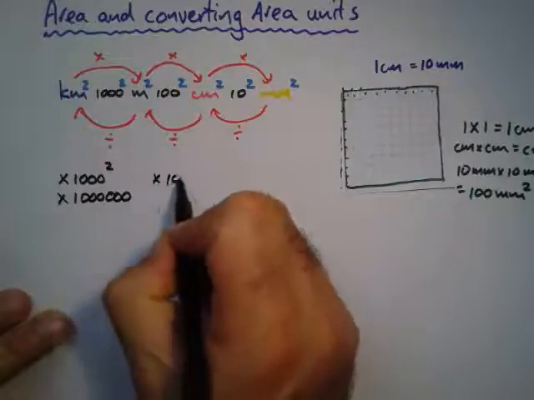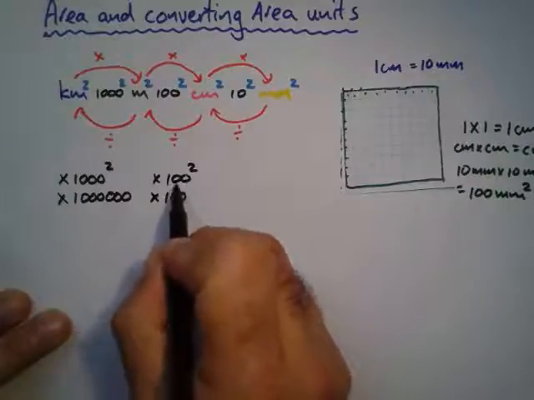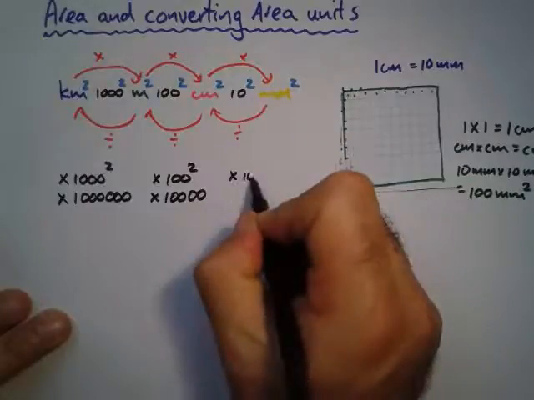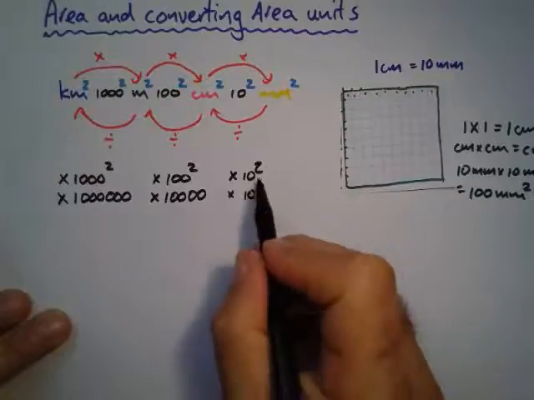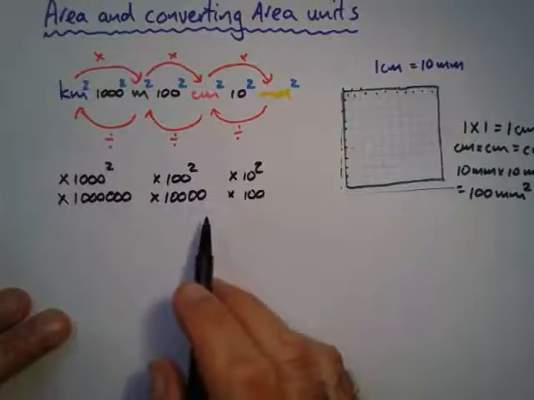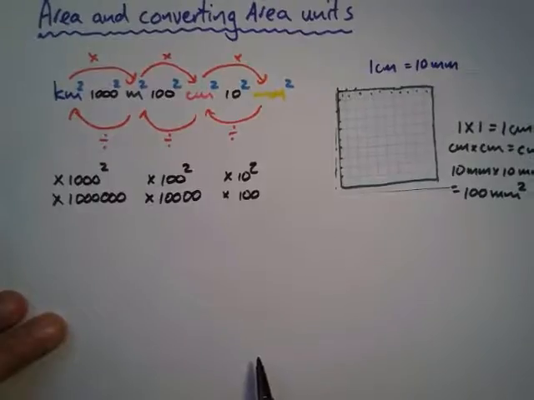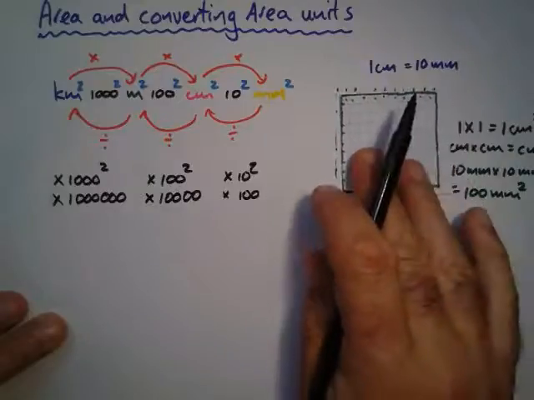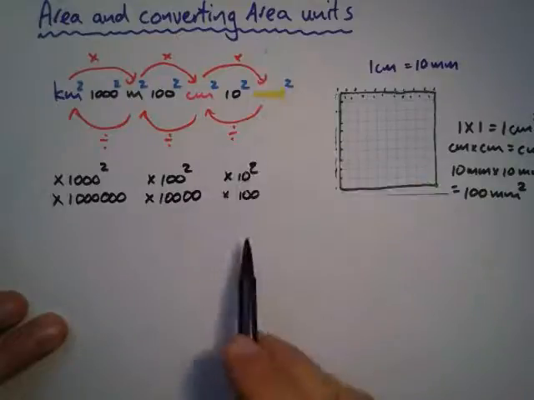If I say times 100 squared, it's the same as 1, 0, 0 twice, so 0, 0, 0, 0. If I say times 10 squared, it's times 100. If you know this, you can use it, otherwise I will just use my calculator. Area is the space inside a two-dimensional shape, and it's measured in units squared.